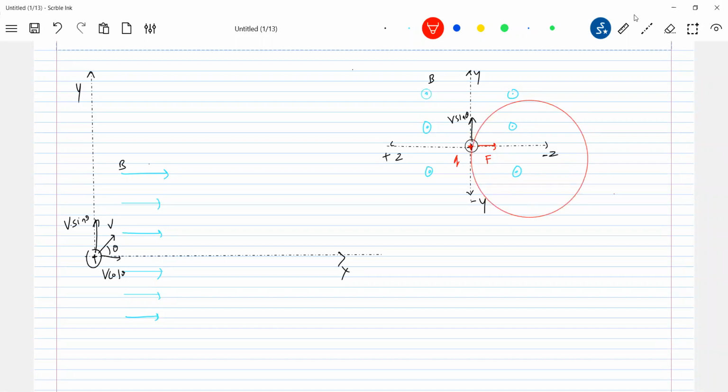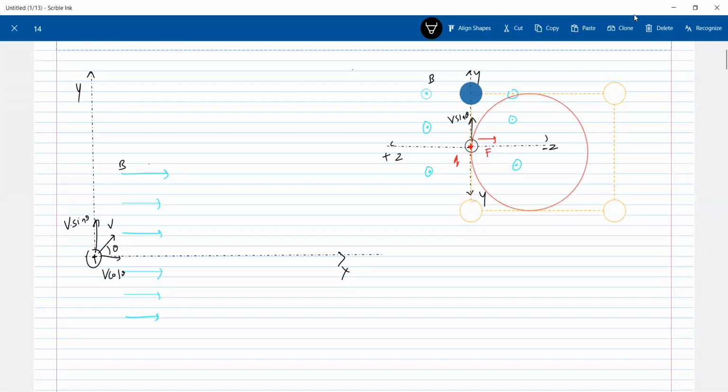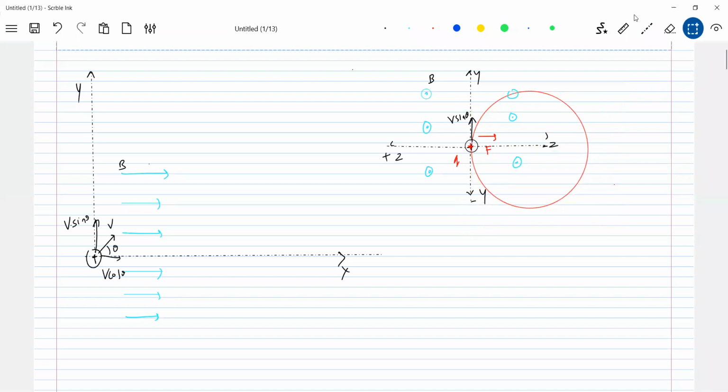So this is going to describe a circular path. Yeah, fine. Look at it now.